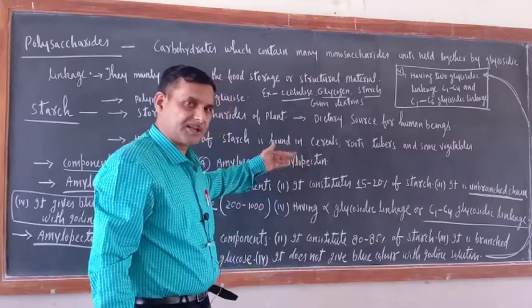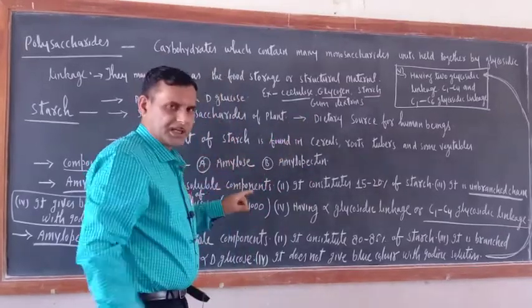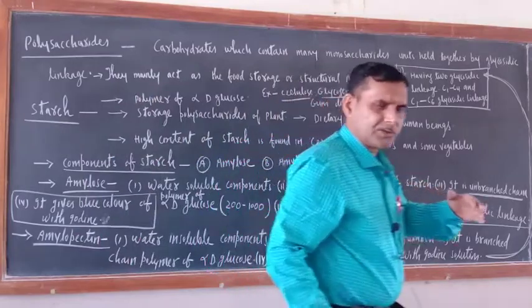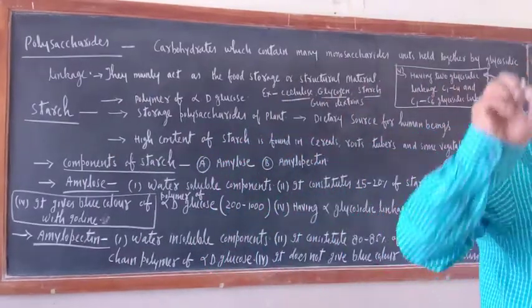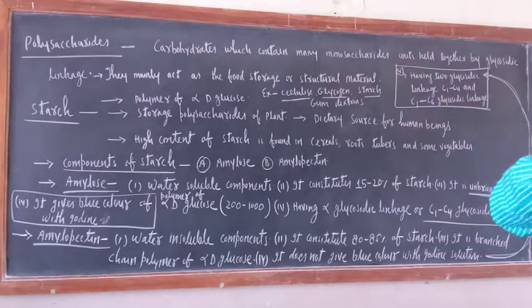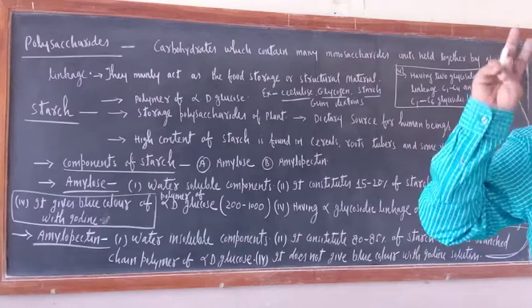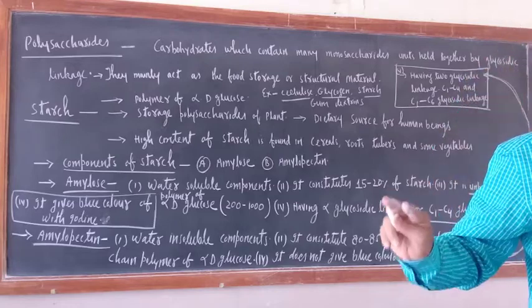So when I explain, then you will come to know. I have to make those glycosidic linkages for amylose and amylopectin. Remember the glycosidic linkage. In amylopectin, two glycosidic linkages are there. One is C1 C4, another one is C1 C6 glycosidic linkage.